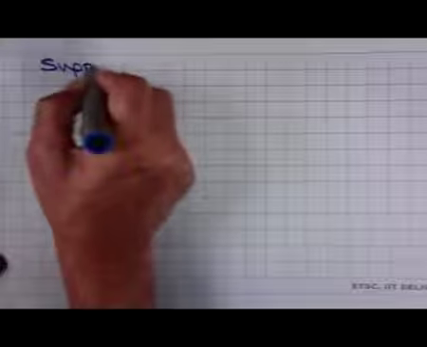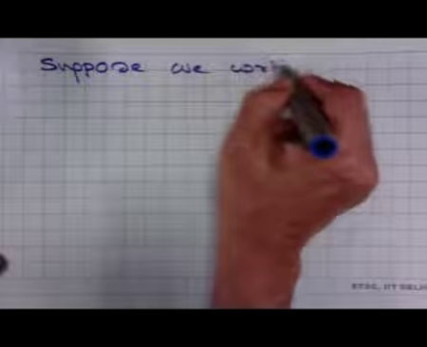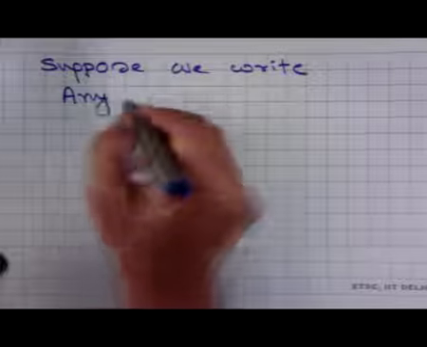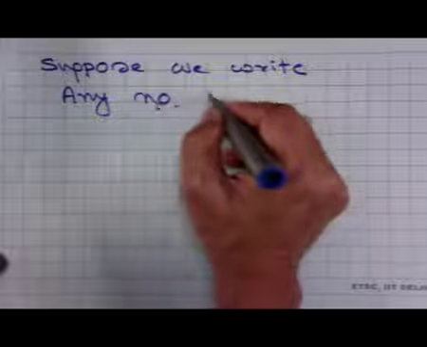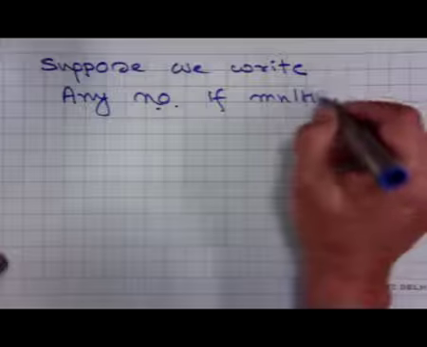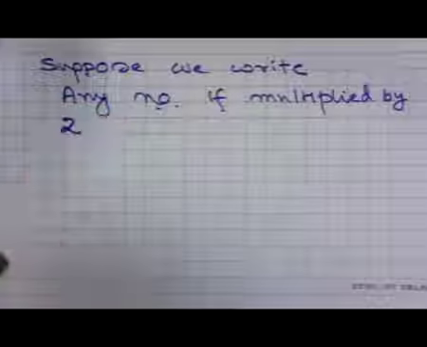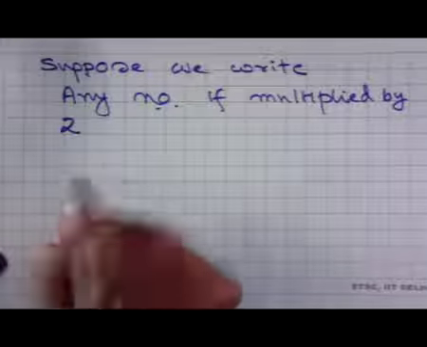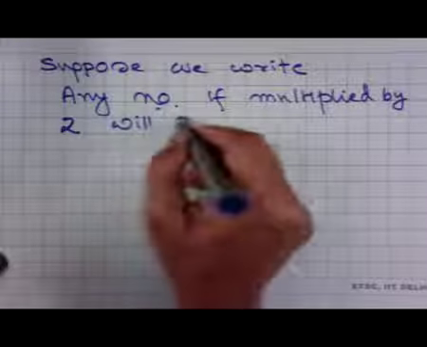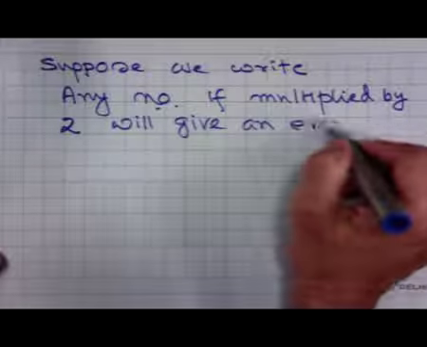Suppose it is given: any number if multiplied by 2 will give an even number.